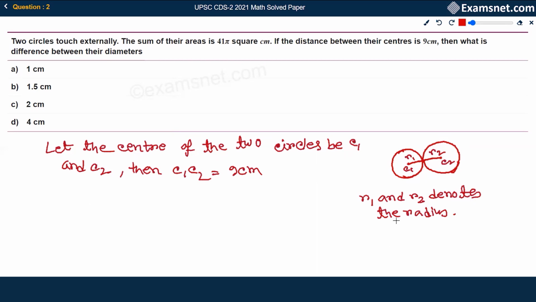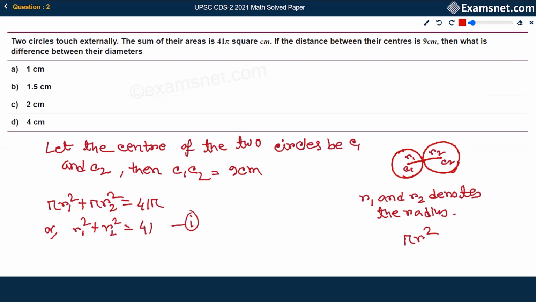Okay, so what is the formula for the area of a circle? That is pi r square, where r is the radius. So we can use it: pi r1 square plus pi r2 square equals 41 pi. That means r1 square plus r2 square equals 41, equation number 1.